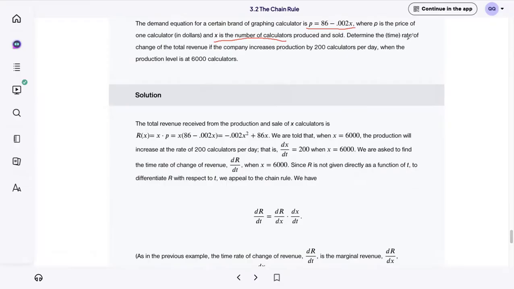Determine the rate of change of the total revenue if the company increases production by 200 calculators per day, when the production level is at 6,000 calculators. All right, I'm going to just follow the textbook solution.